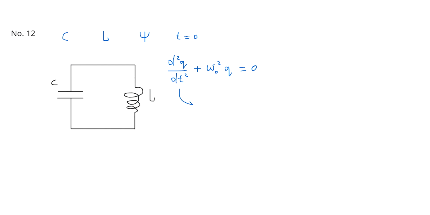As we remember from our previous lessons, we can say that the solution will be q is equal to QF multiplied by cosine omega 0 t.